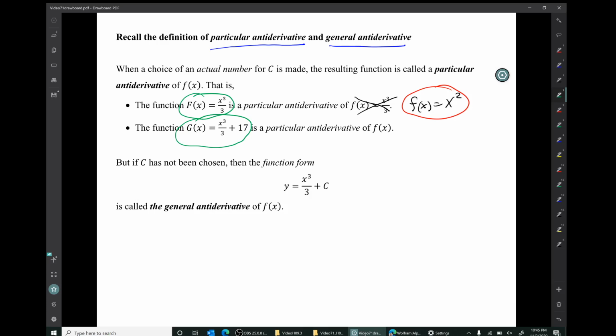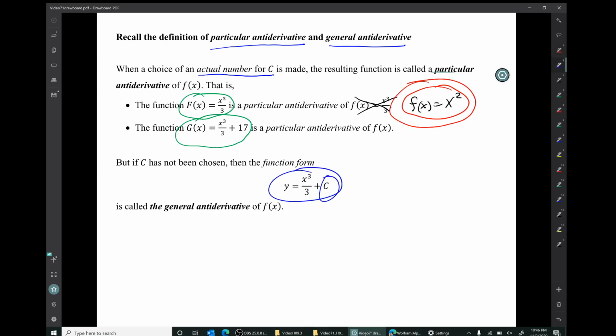Both of those antiderivatives of little f of x have an actual choice of a number c, whereas the whole collection of antiderivatives of this function were functions of this form, y equals x cubed over 3 plus c, where c has not been chosen.